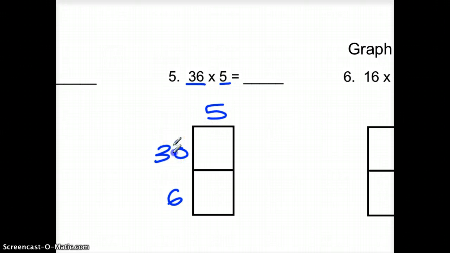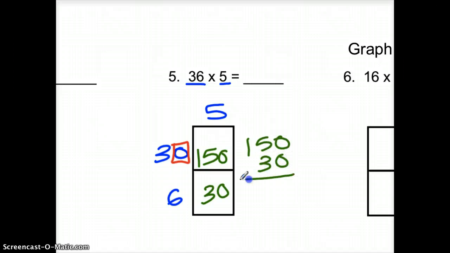I'm also going to make sure I don't forget about this 0, make it easier for me to multiply. 3 times 5 is 15 plus 1 0. 6 times 5 is 30. And I'll just add this out to the side. 150 plus 30. 0 plus 0 is 0. 5 plus 3 is 8. 1 plus nothing is 1. 180 is my product.